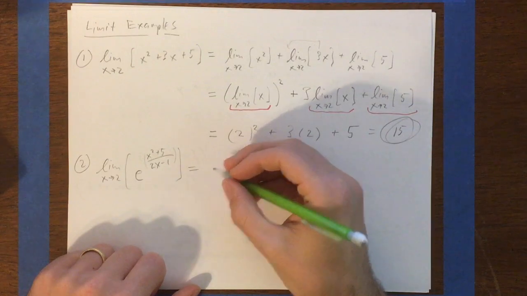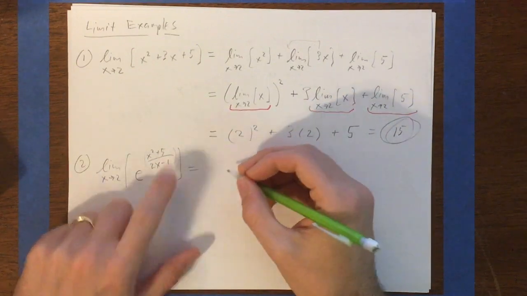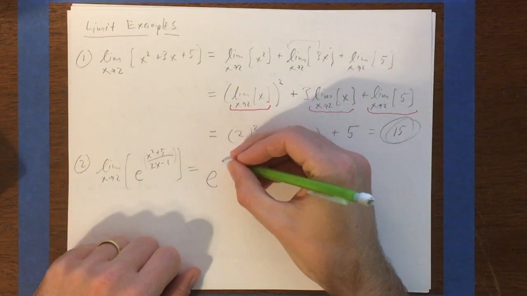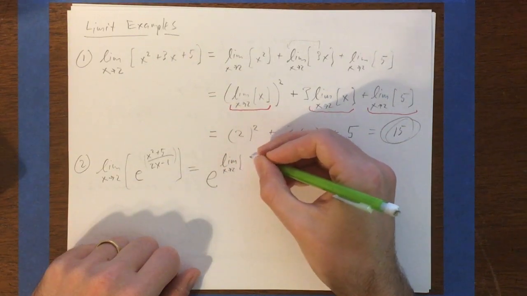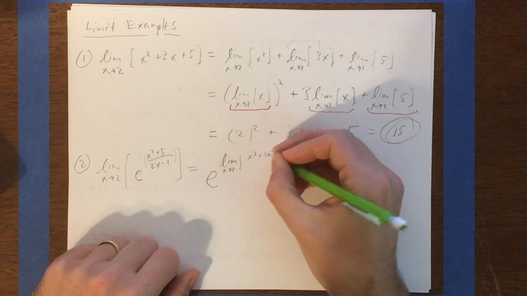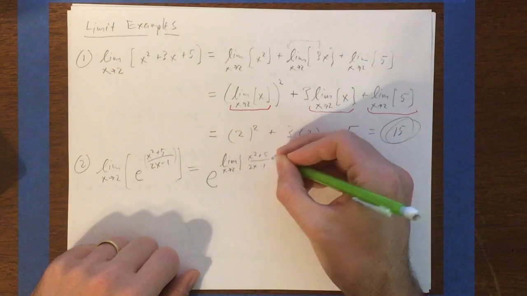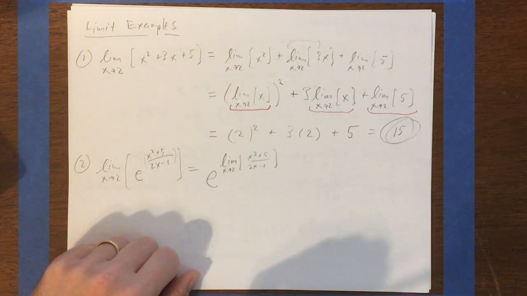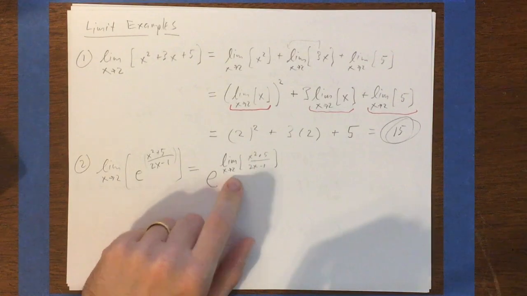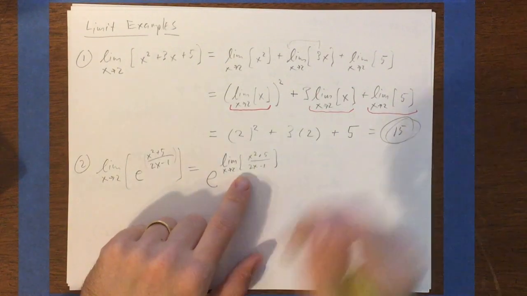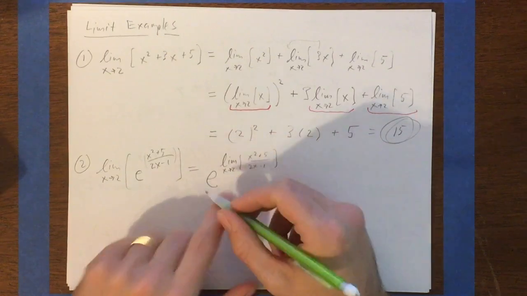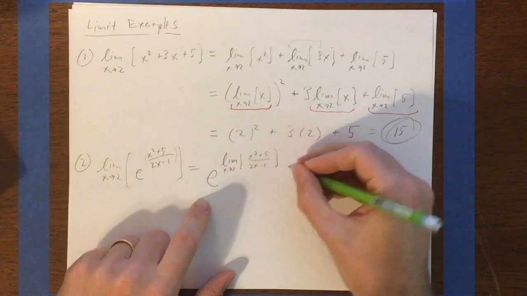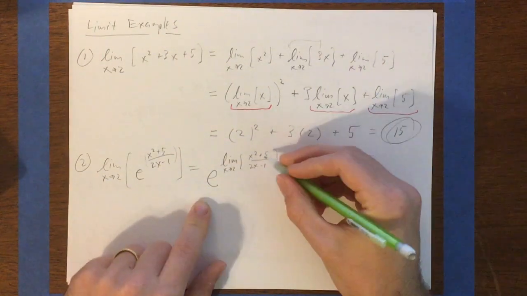Instead of the limit of e to the power blah blah blah, we're going to do e to the power of the limit of x squared plus 5 over 2x minus 1. You can see the limit is now being applied just to the inner function in this composition, and then that limit value is going to be the exponent of this e, right? So now we just need to evaluate that limit.